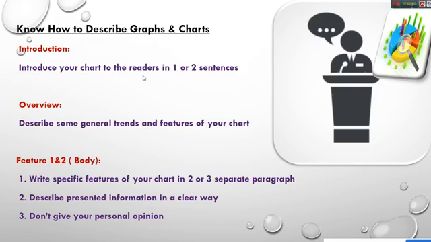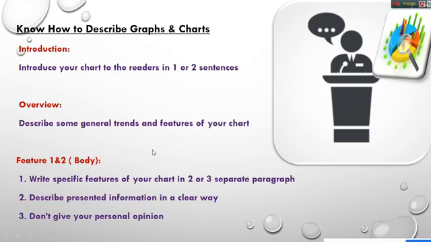So in the introduction part, we are not supposed to write the introduction in one sentence. We have to develop the introduction paragraph in two or three more sentences. Then the overview: describe some general trends and features of your chart.